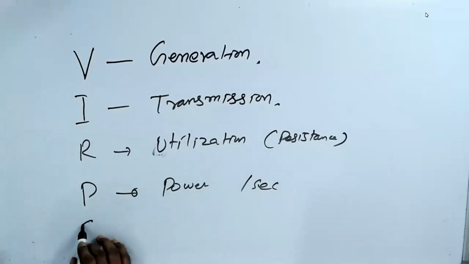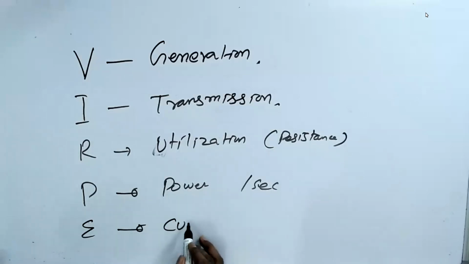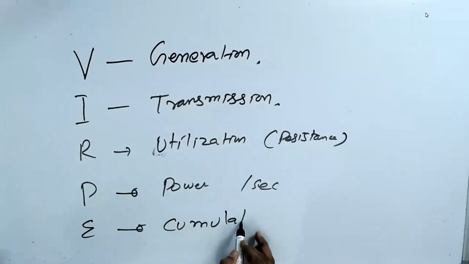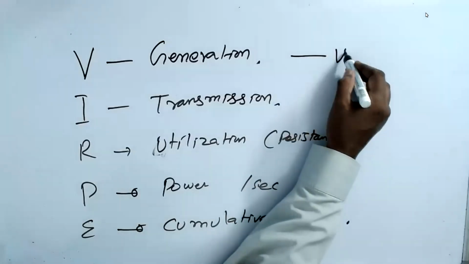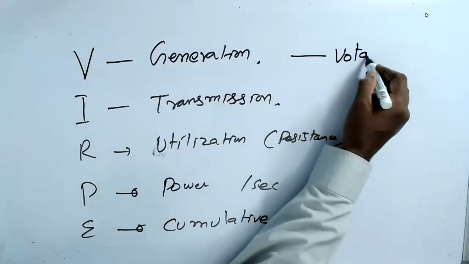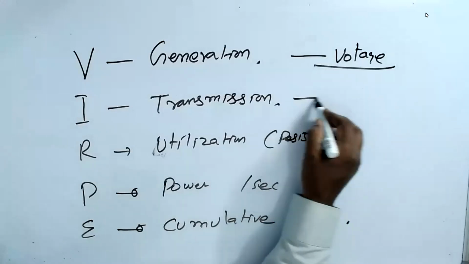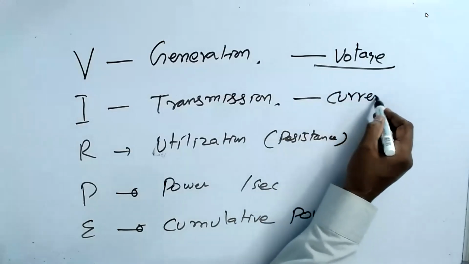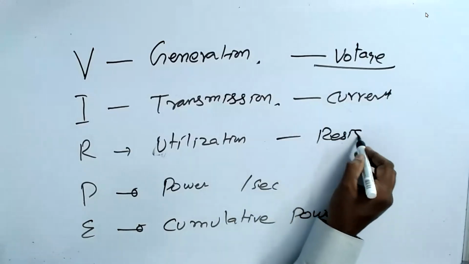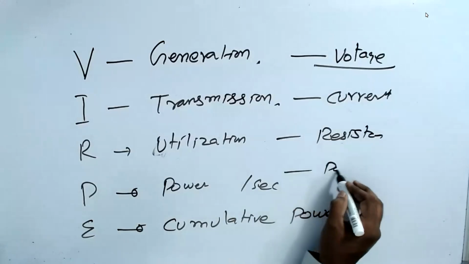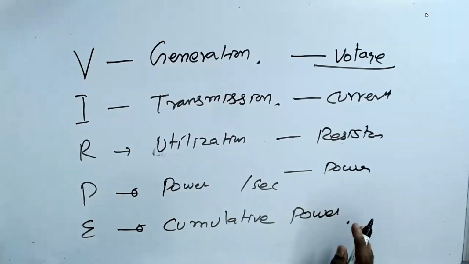And next one is energy, cumulative power. This is voltage. This is current. This is resistance. This is power. Same. This is energy.